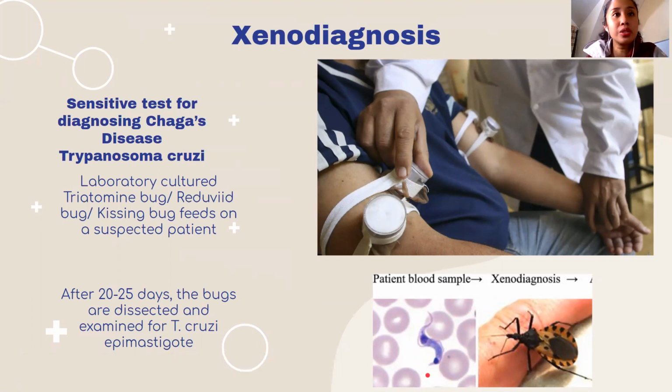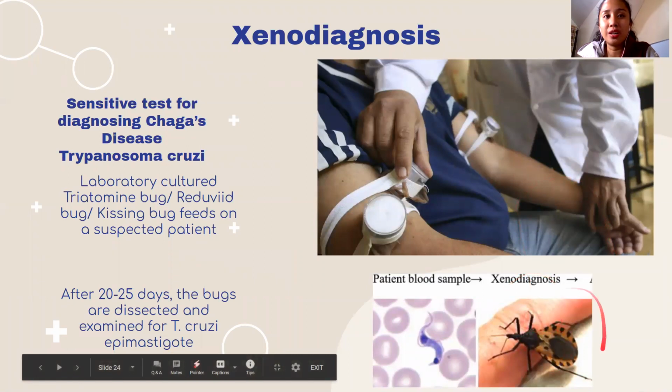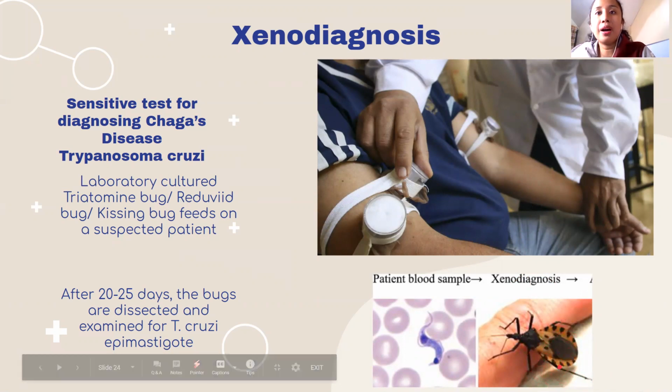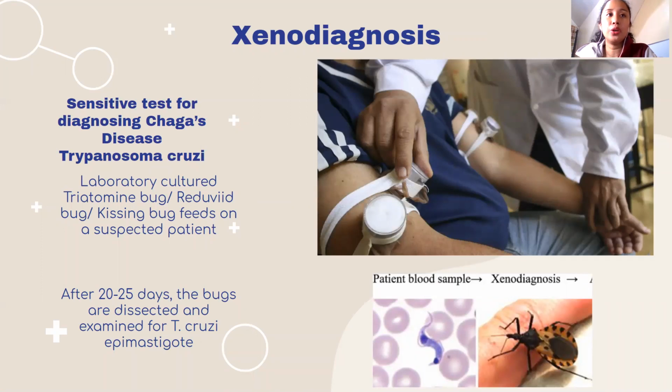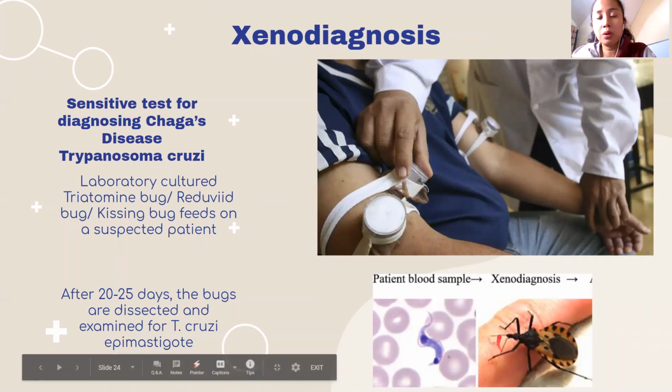In Xenodiagnosis, the scientists culture the triatomine bug, reduviid bug, or kissing bug. These are all the same. They are the vectors of Trypanosoma cruzi.